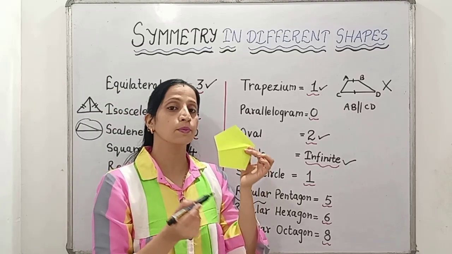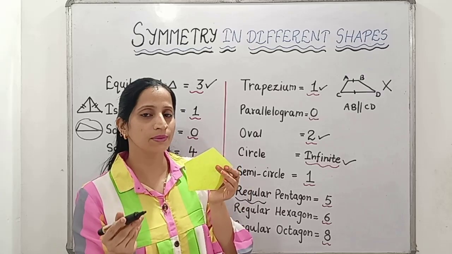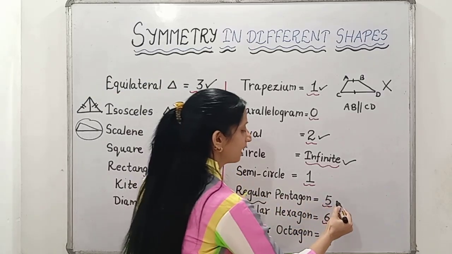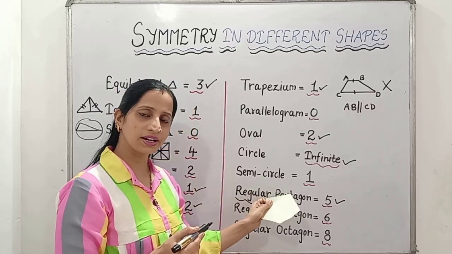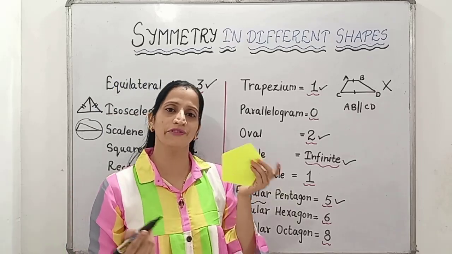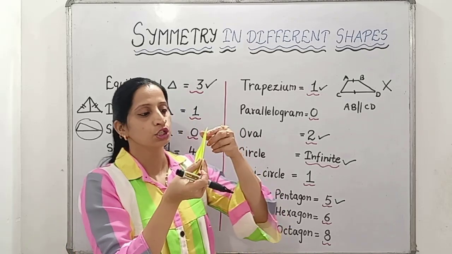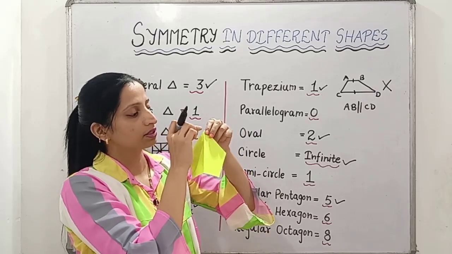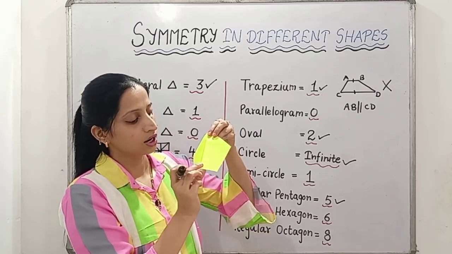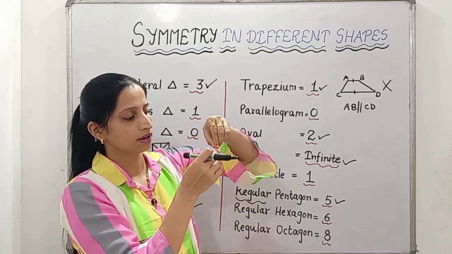So whenever our polygons are regular, they will have the same number of lines of symmetry as they have sides. For example, a regular pentagon has 5 sides, so there will be 5 lines of symmetry. For example, one like this. Whenever you fold a regular pentagon from its vertex to the middle of its opposite side, it will form a line of symmetry.